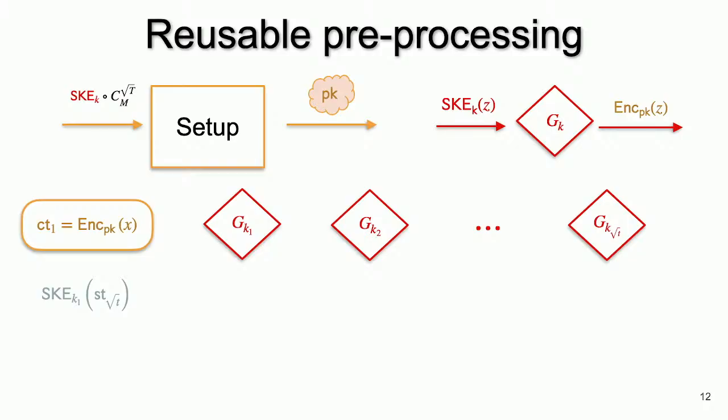What a decryptor will do is perform LFE decryption to get the secret key encryption under K1. It will use the gadget to get back encryption under LFE encryption, and it will repeat the process again. Sorry, you use LFE decryption to get back the secret key encryption and move forward.